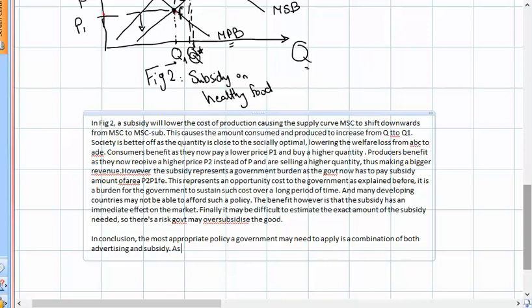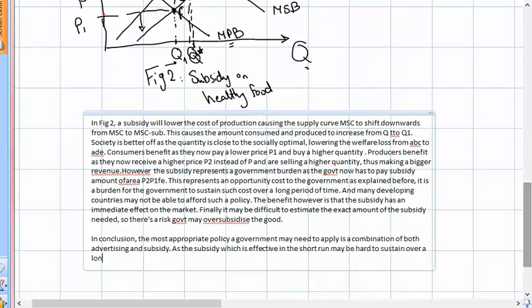you've outlined in your graph analysis as the subsidy, which is effective in the short term, may be hard to sustain over a long period of time.